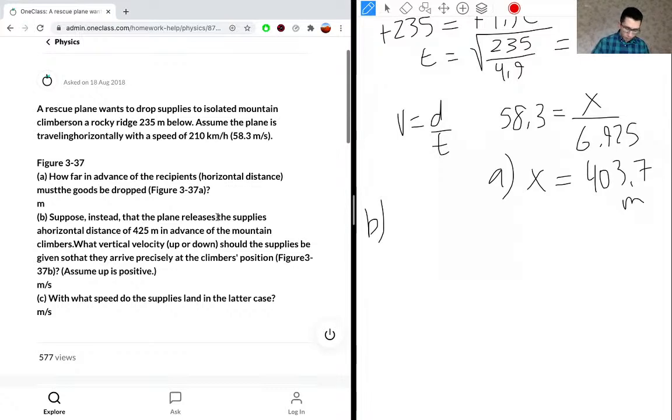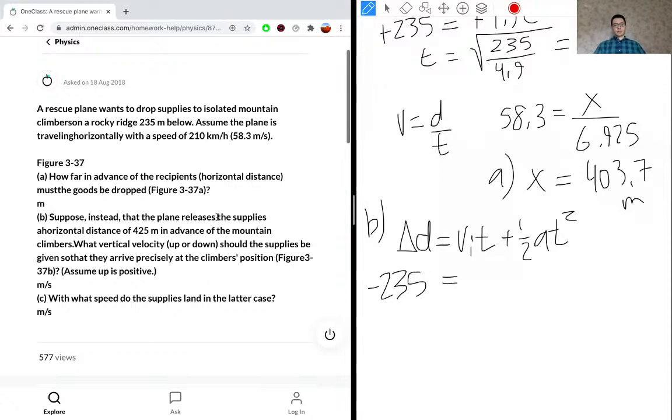So let's just go through the equations. We're going to use the same kinematic equation. So delta D is VI times T plus a half AT squared. We know delta D from before is 235. VI in this scenario is the unknown, so it's not 0 anymore. We're trying to solve for VI.